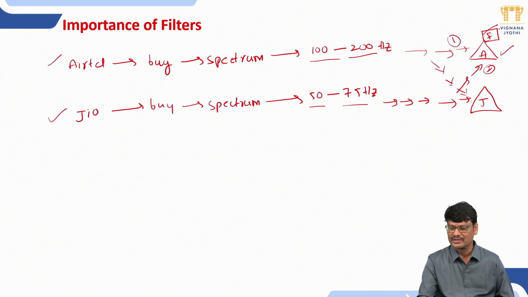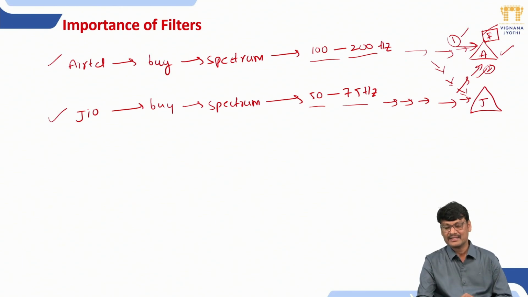This is called a filter circuit. What the filter circuit does is filter the signal. Here two signals are available, one Airtel and one Jio. This filter circuit passes only the Airtel signal, as this is the Airtel tower.